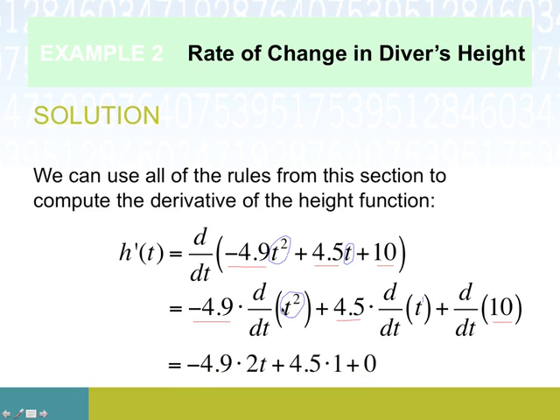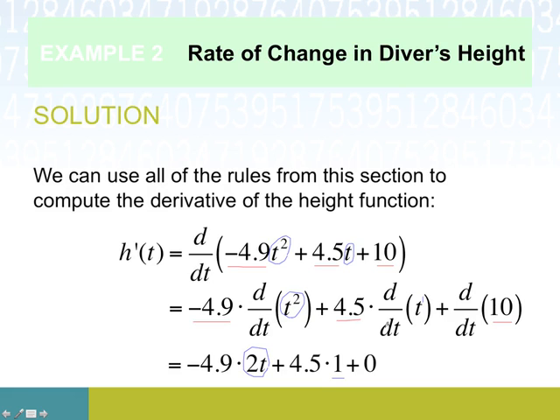So the 2 comes down, so we get a multiple of 2 out in front, and then it's t to the first power, since that exponent gets decreased by 1. So here is 2t, the derivative of t squared. And then for the derivative of t, the 1 comes down, so we have 1. But then if we take away 1 from the exponent, we get t to the 0th power. t to the 0th power is 1, so we'd have just a factor of 1.